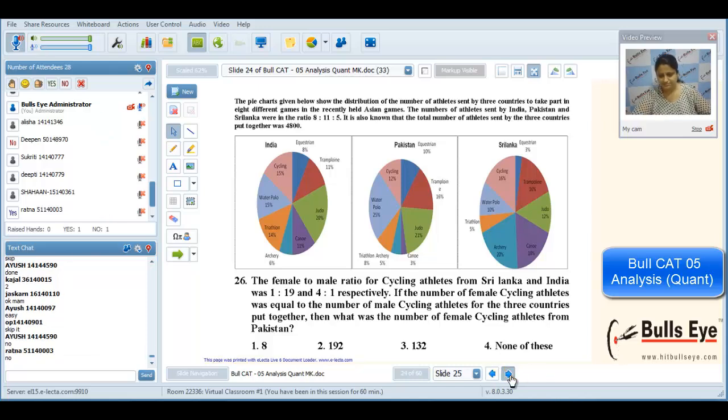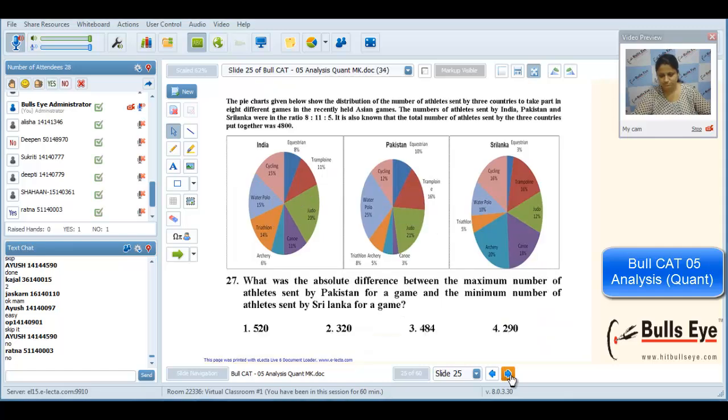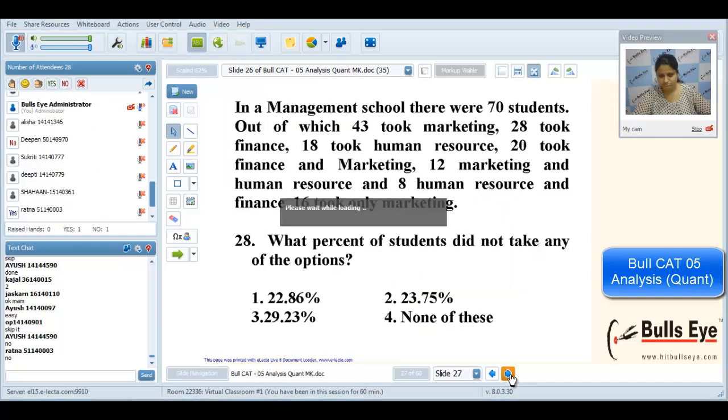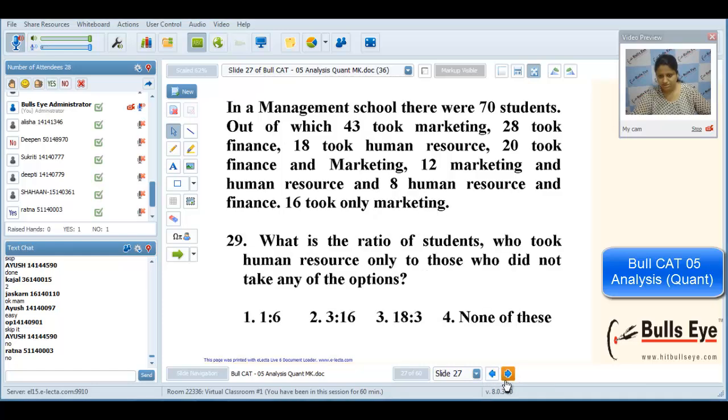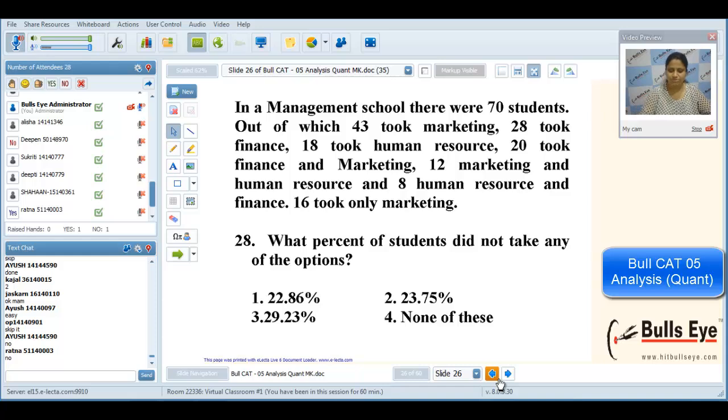Next. Yes, any problem in this set? It's a simple Venn diagram question. I'll take it as an easy question, easy set.